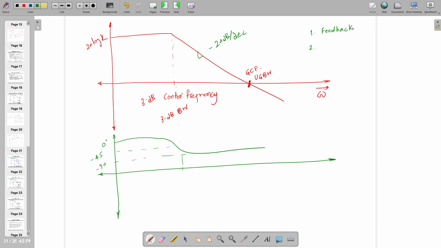So we are going to keep everything in feedback, but that feedback will always be negative. Just remember one thing, whenever there is positive feedback, there are oscillations, or the output will reach your VCC and ground, the power supplies.